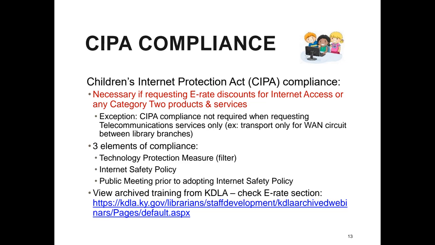Many libraries did this years ago in 2002, 2003 even, when CIPA originally went into effect. If you no longer have the documentation of that public hearing, you need to hold it again. I'm happy to answer questions on CIPA, but that is a whole topic that we have a webinar on an entire hour because it's a big deal for Kentucky libraries.